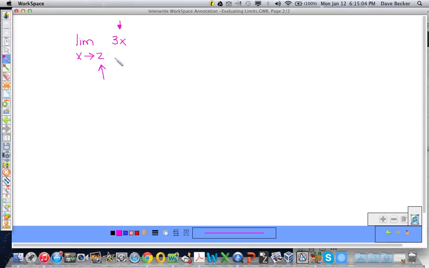Okay. Well, when you're doing it algebraically, there's something you can do called direct substitution. That's the easiest, and you can use direct substitution when you don't get something that's undefined when you replace x with the value that you're approaching.